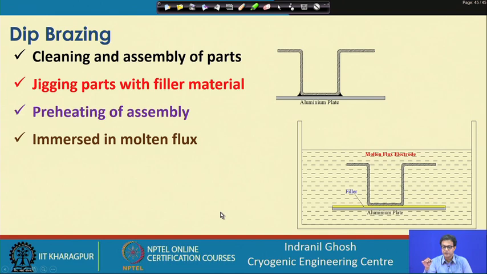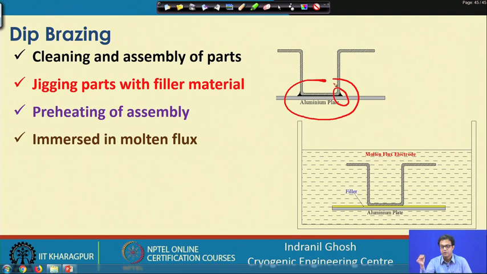So, that is how we will be getting the joint. Finally, when it is taken out of this molten bath, a joint will be formed between the plate and the fin. This is the joint between the aluminum plate and the fin.